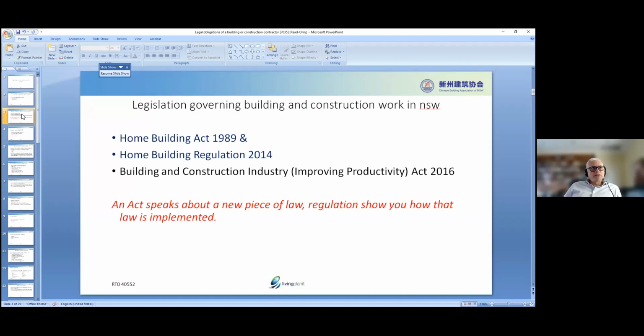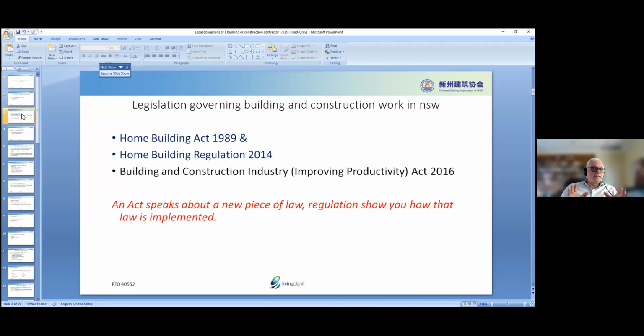Okay, the first thing we need to understand is if you are running a construction business, a building business in New South Wales, you have to comply with the law, and the law is coming to us from the Home Building Act 1989. So this is what we need to follow. Okay.